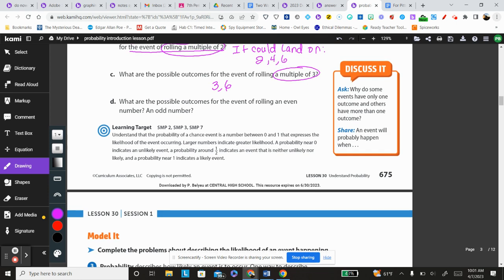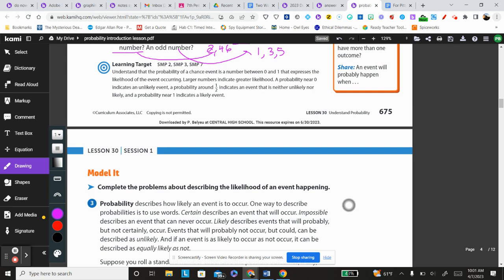What are the possible outcomes for the event of rolling an even number? 2, 4, and 6. What are the possible outcomes for rolling an odd number? 1, 3, 5. Okay, how many people clearly understand this? All right, let's flip over.